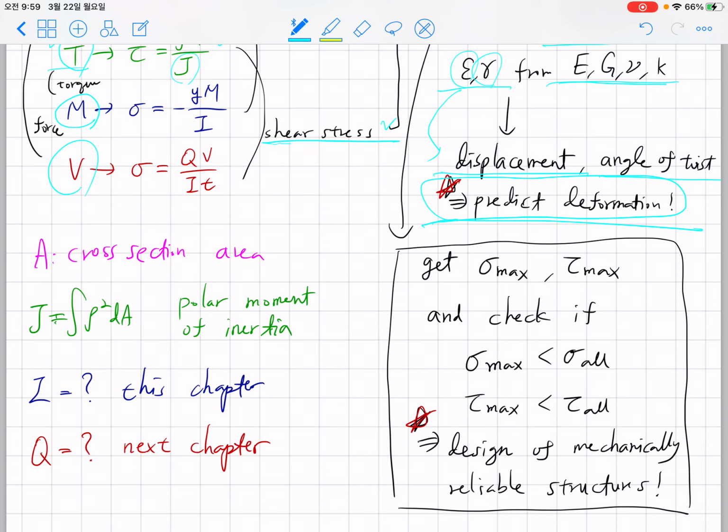Through ME231, we predict deformation and we try to design mechanically reliable structures, and based on this practice, we can make really safe structures, so that we can save people's lives and prevent huge safety accidents. That's the purpose of doing ME231, and one of the purposes of being a mechanical engineer. Having this in mind, let's move on to the real meat of today's lecture, which is new topics and new concepts.